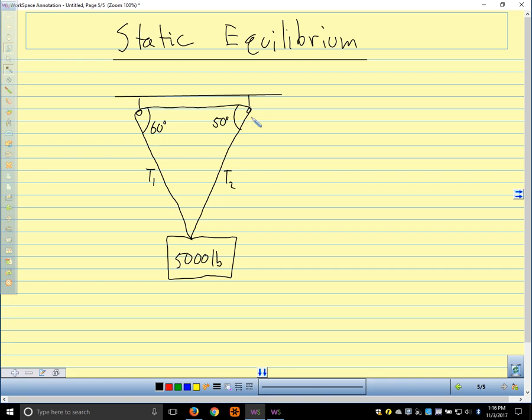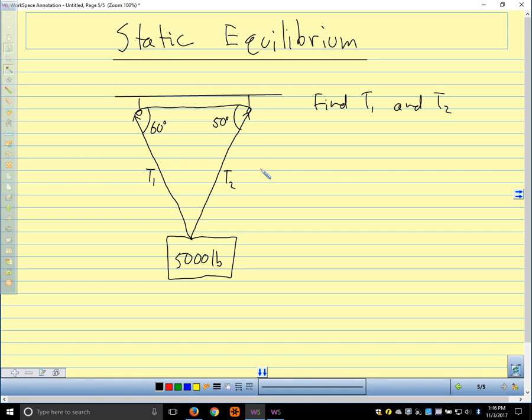And what we want to do is find T1 and T2. So what we're going to do is think about the tension in this cable, the force that it's applying, as a vector. That one's pulling up that way, that one's pulling up that way.